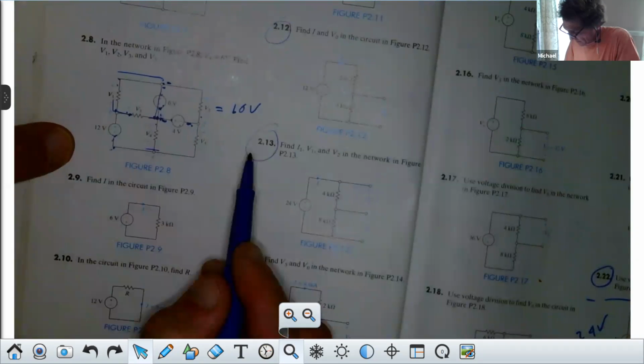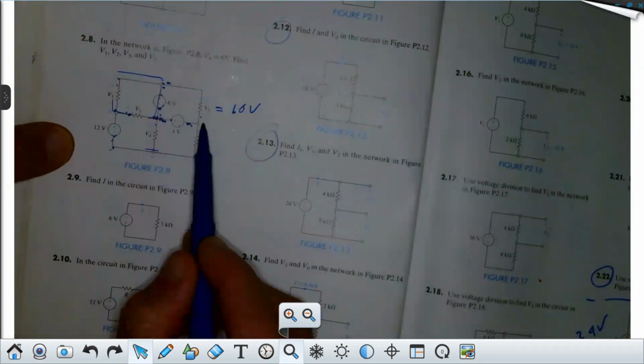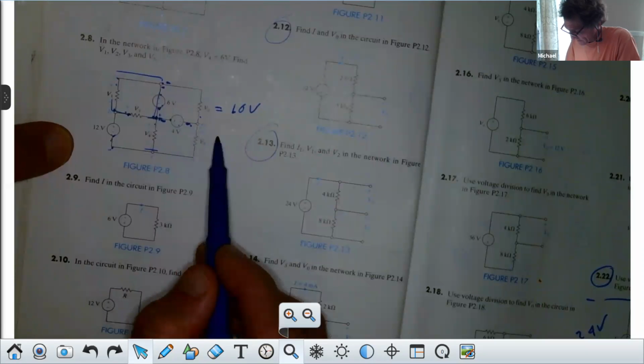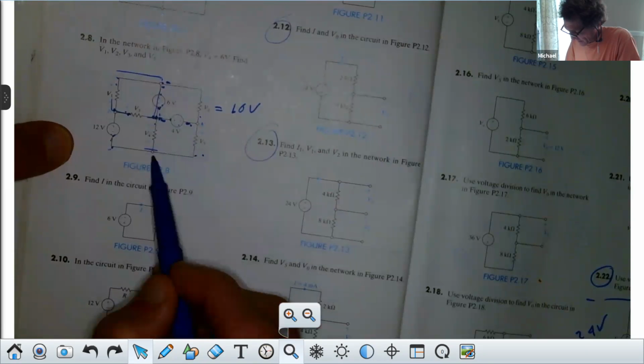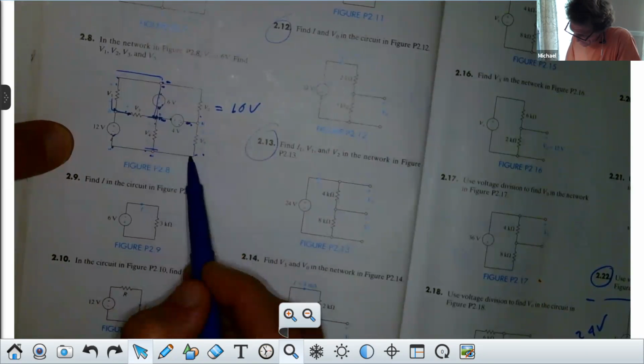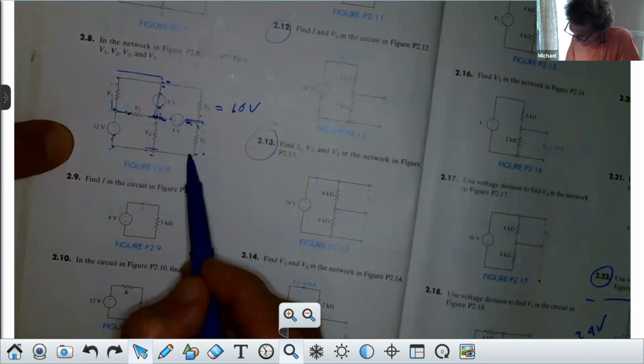And then I can go around this loop, right? You agree? Follow me, class? Yes. I can start here and I see minus V5, right? There'll be a decrease of V5.